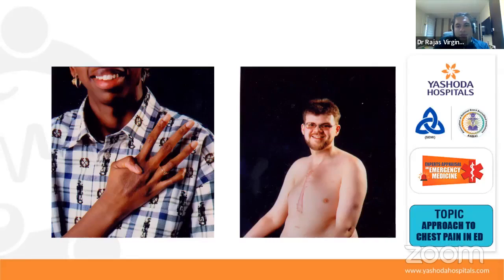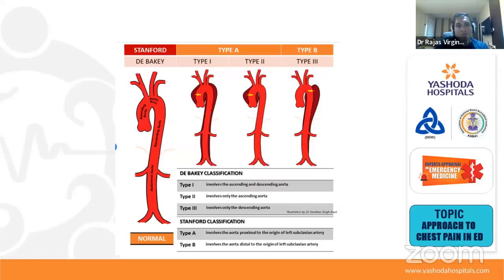Here we are seeing some patients who have hypermobility, Marfan syndrome. This is a classification of aortic dissection. It has two classifications, the DeBakey and Stanford.